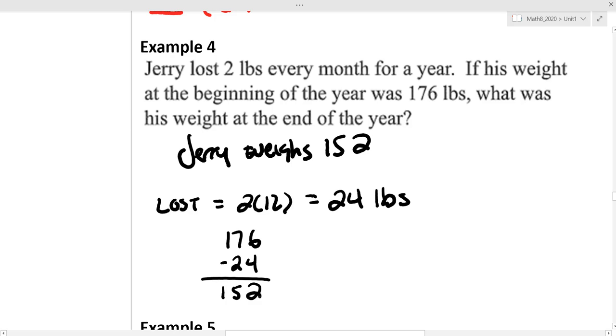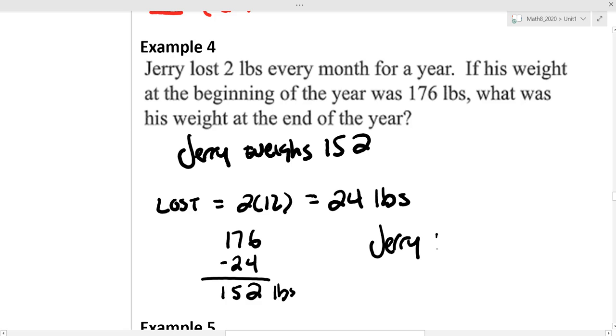And one extra thing, which you start getting more picked on in grade 9 about this, is you also need to include your units. So don't say just 152, say it's 152 pounds. So the unit is lbs. And since there's a word question here, we put a little statement. And it says, what's his weight at the end of the year?